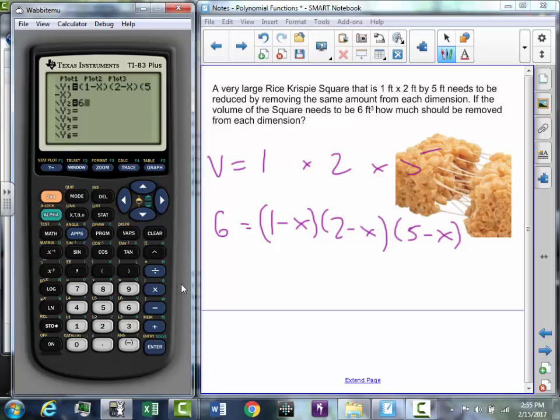Do 2 lines: one is the volume, and I want to figure out where it equals 6. I'm going to get some sort of funky looking cubic, and there's where it equals 6.